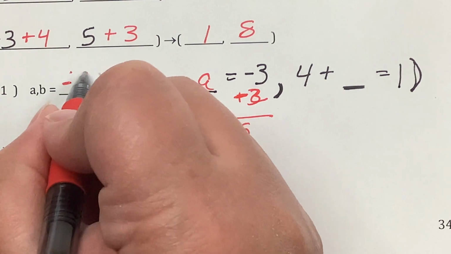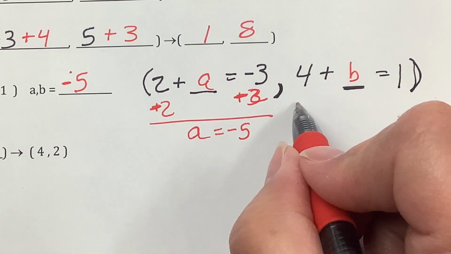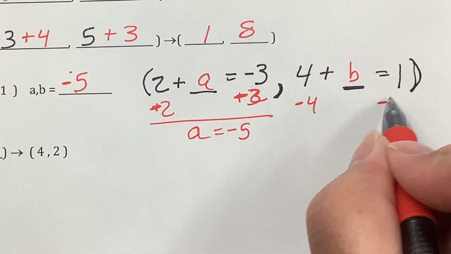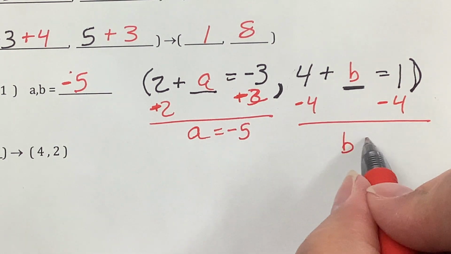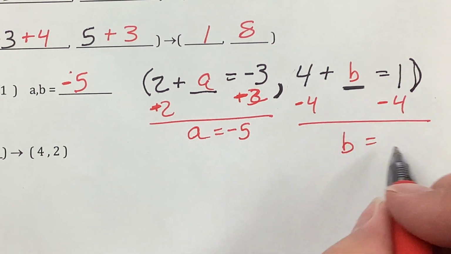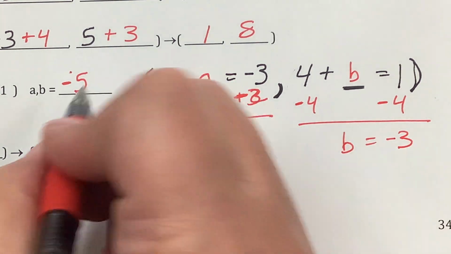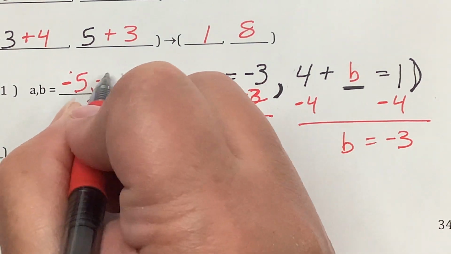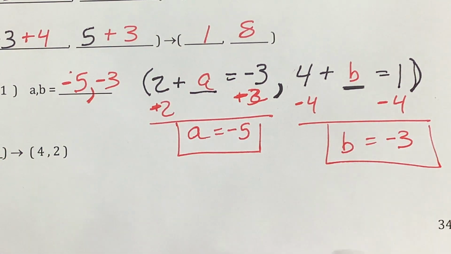And here's B. So I'm going to subtract 4 from both sides. That's 0. And B equals 1 minus 4, negative 3. So I have A is negative 5 and B is negative 3.